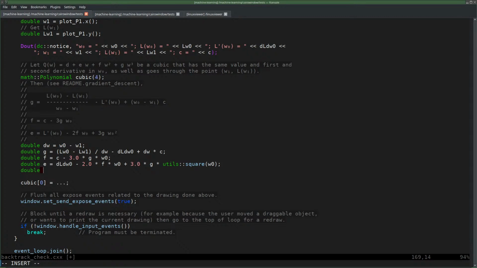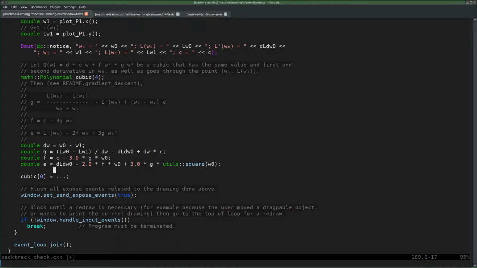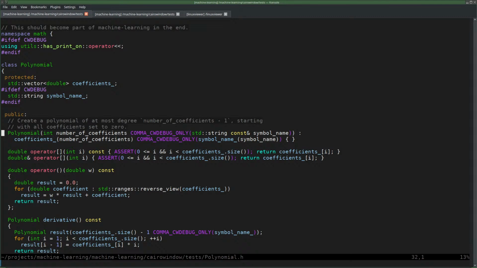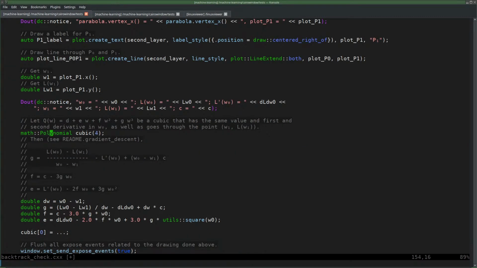So d is then, normally I do that like this, which is easier. See, this polynomial is created with 0 coefficients. So the d is currently 0.